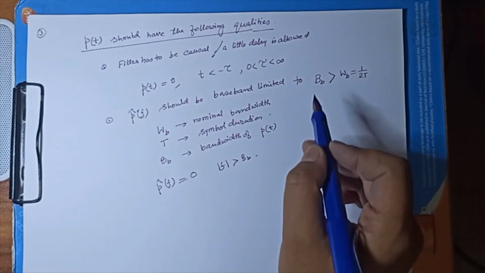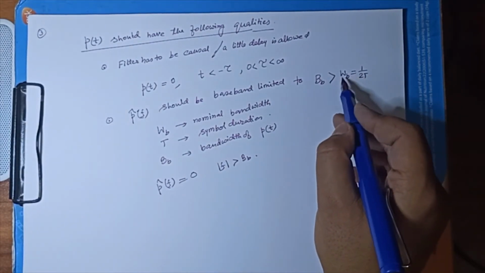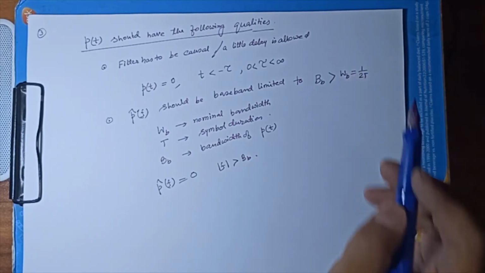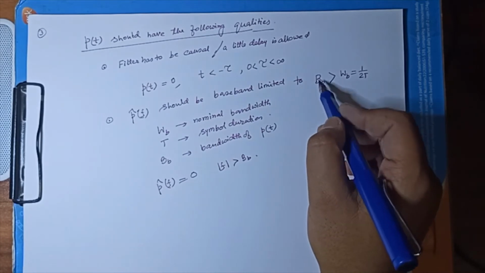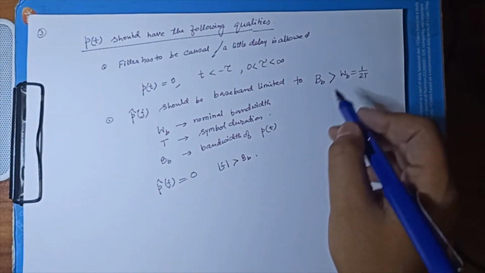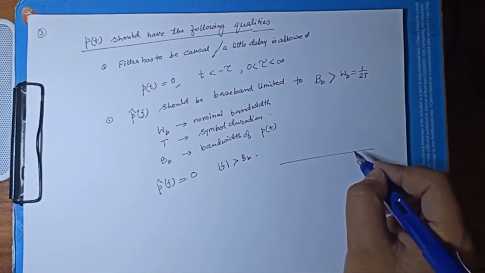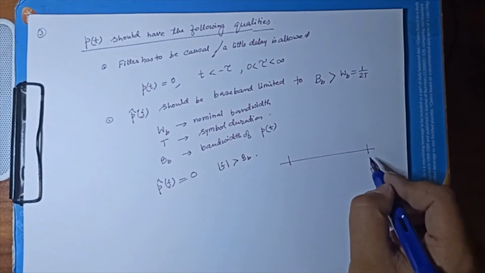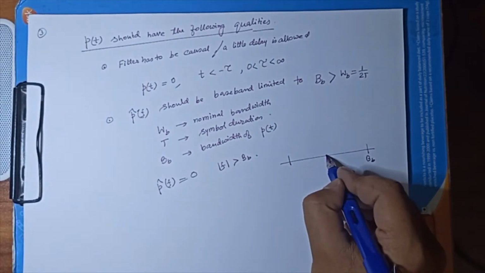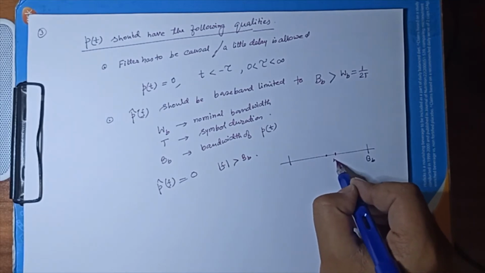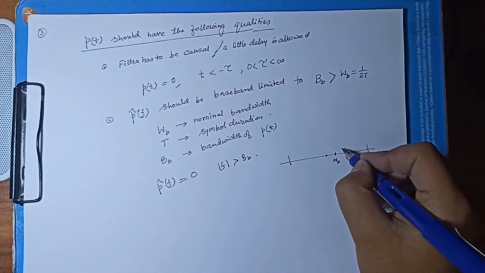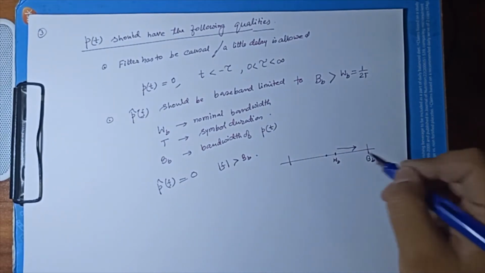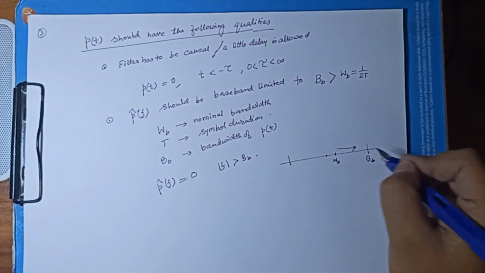However, this B_B should not be too big compared to W_B. This is a useful resource, and I don't want B_B to be hugely large. Suppose you have some very large B_B and your W_B is here. Then this entire area is basically getting wasted. So what you can do is increase W_B as close as possible to B_B.